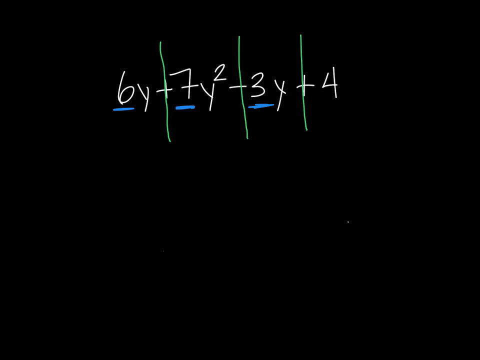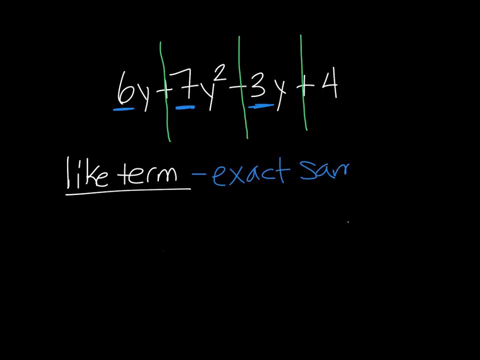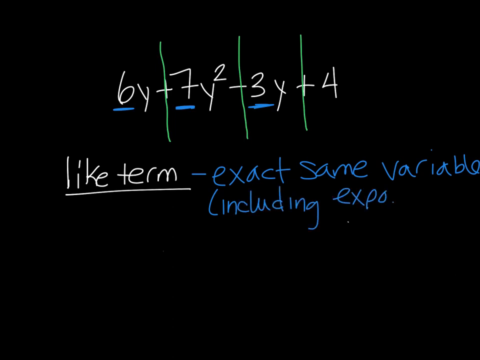All right, and then we have the word like term. So a like term has the exact same variable. And when I say exact, I mean exact. If it doesn't have the same exponent, then it's not exact. So I'm going to write including exponents.